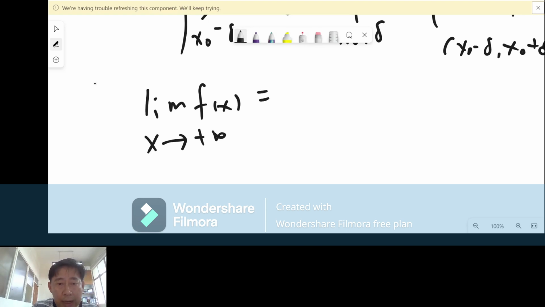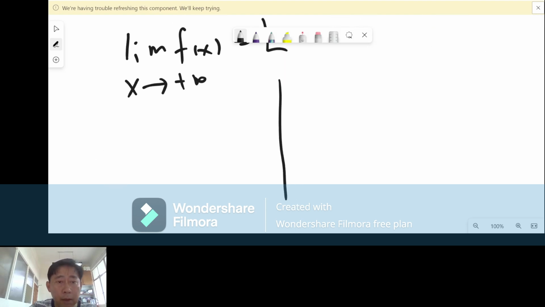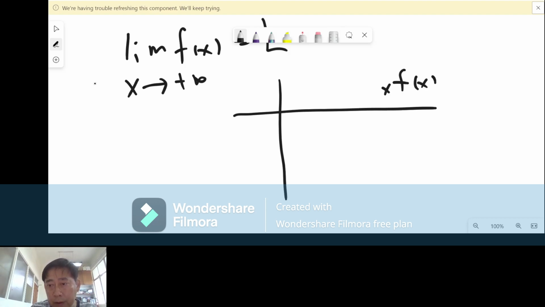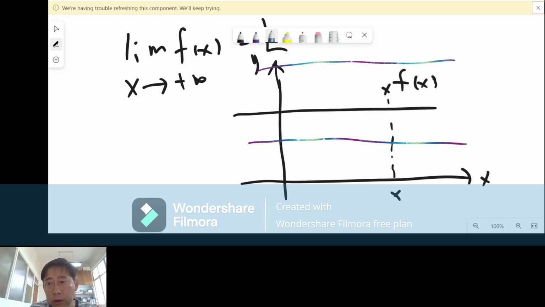If the limit exists and say it equals L, what it means is that we have to prove the existence of an open interval for the function f(x) on any point of x such that the value of f(x) is always sandwiched between L plus epsilon and L minus epsilon.